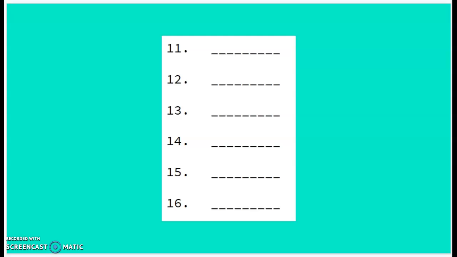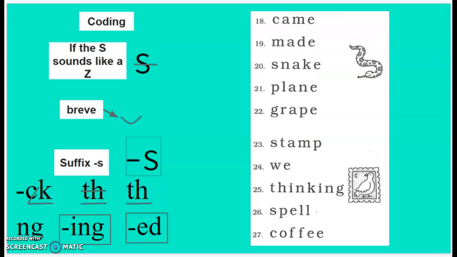Cake. C-A-K-E. Number 17. Ate. A-T-E. Now look at numbers 18 through 22.